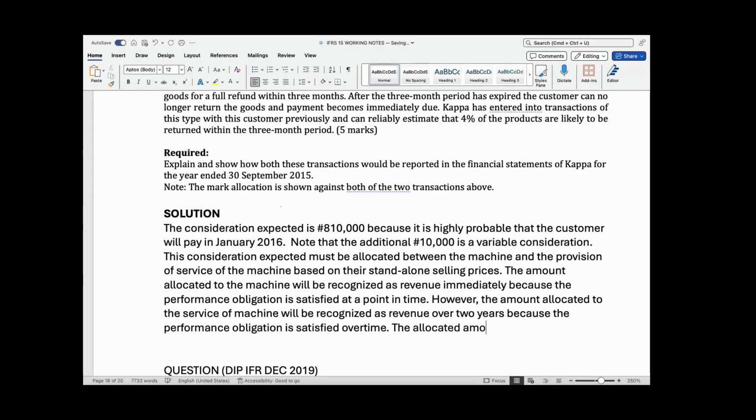The allocated amounts can be calculated as below.